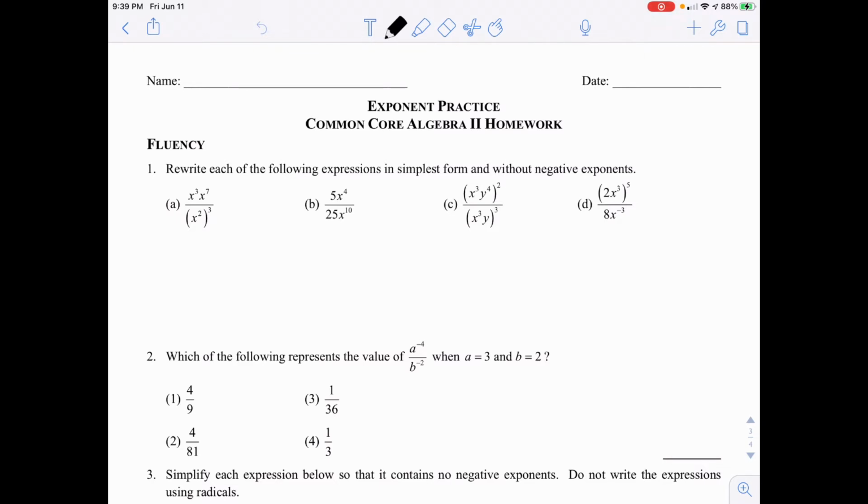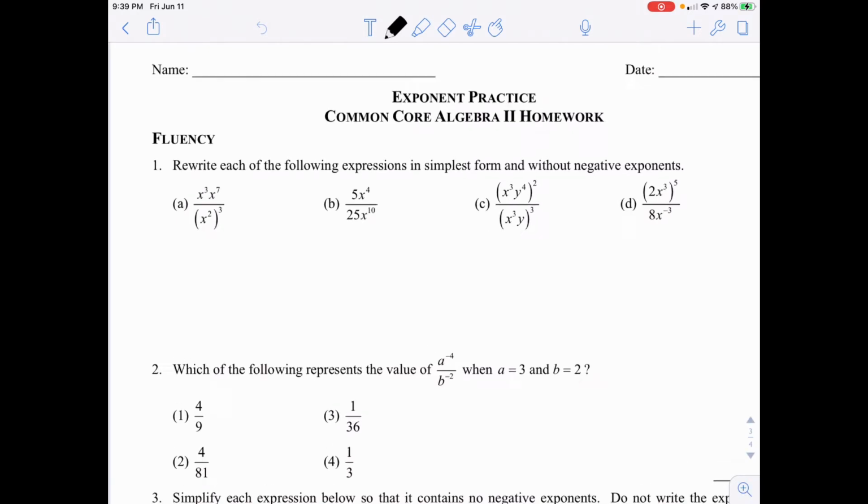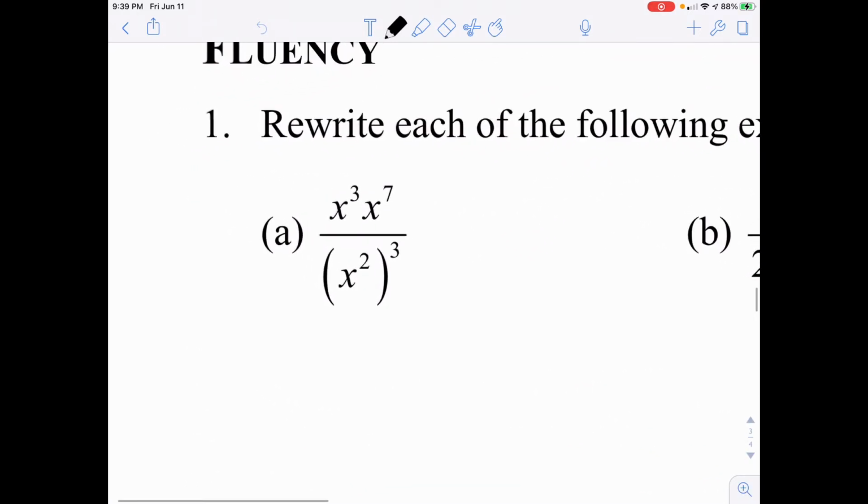Question 1. Rewrite each of the following expressions in simplest form and without negative exponents. So I think the first step would be to take a look at that and take a look at that. We could take a look at that simultaneously.